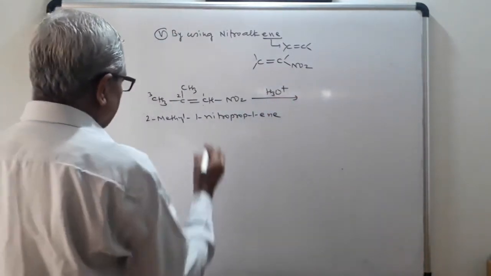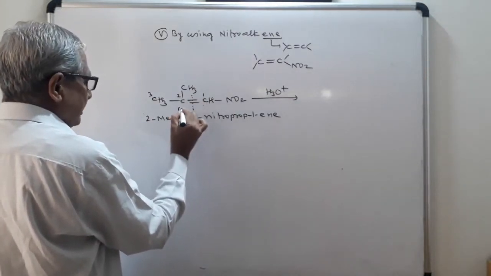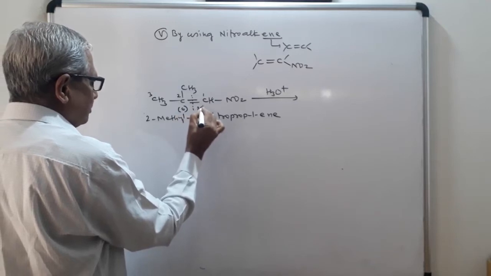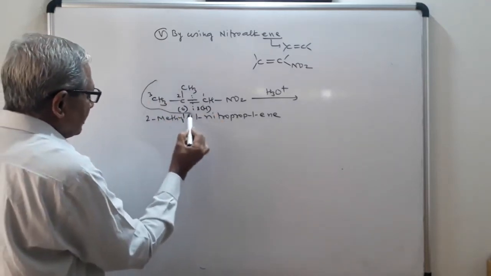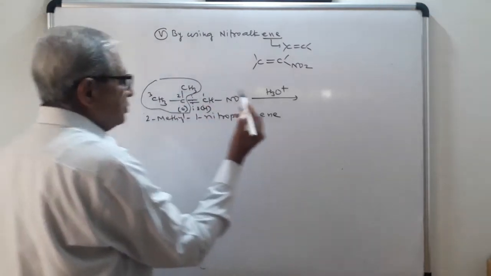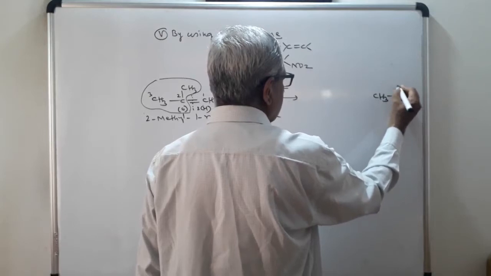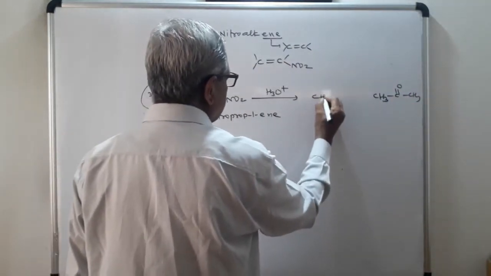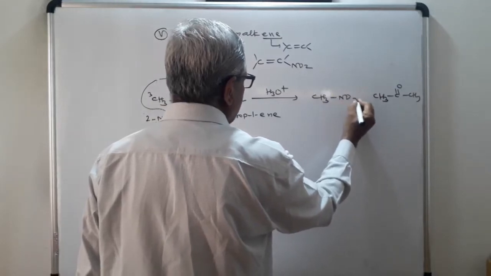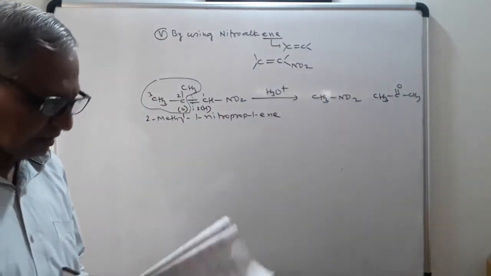You will break this bond here, add an oxygen atom and add the 2 hydrogen atoms. A water molecule is added. By using this, you can remove the acetone. So one of the products will be acetone, CH3 C double bond O CH3, and the major product is nitromethane, CH3NO2. In this way, nitroalkanes can be prepared by this method.